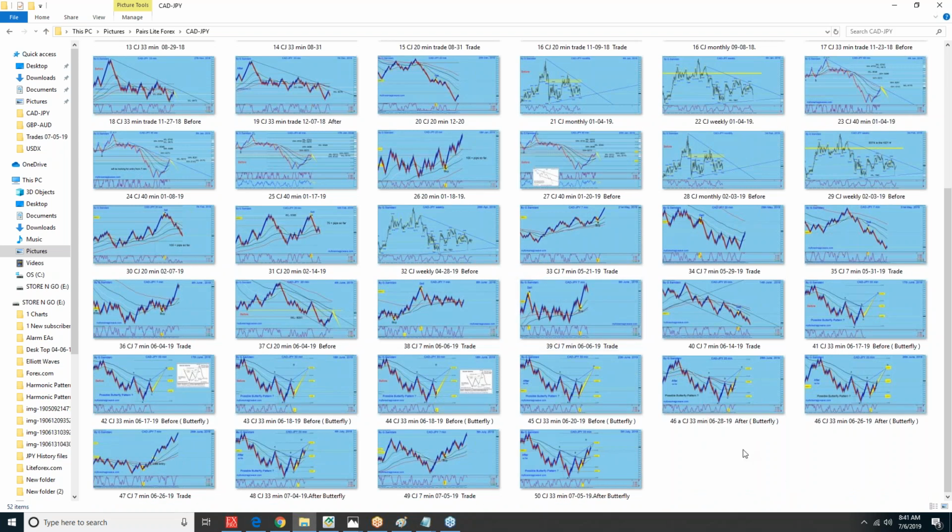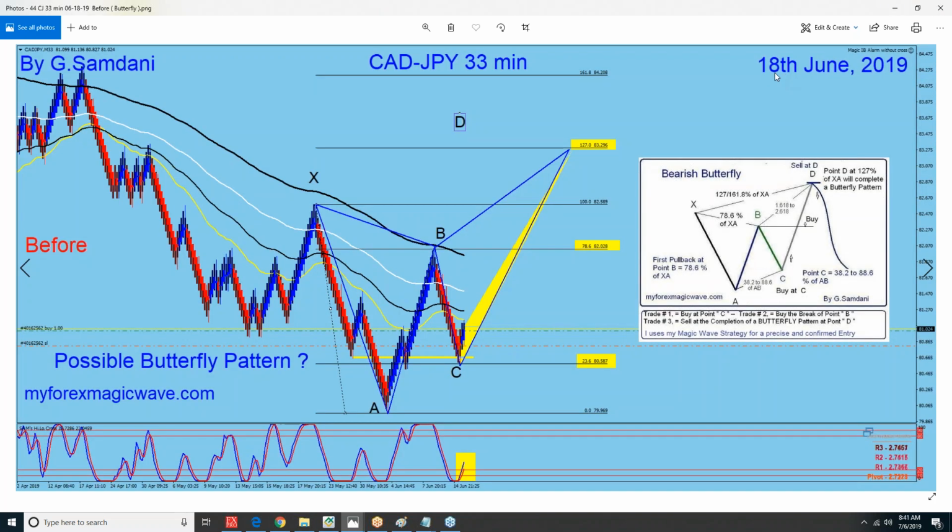Okay, and once I find that, okay, something is cooking here, something is cooking there. For example, I just showed you this pattern, and recently I found one here, 18 June, and this is just starting from point C. So you look at this, that I do not trade from the point D. Yes, I will once we get there, but why waste all these pips?